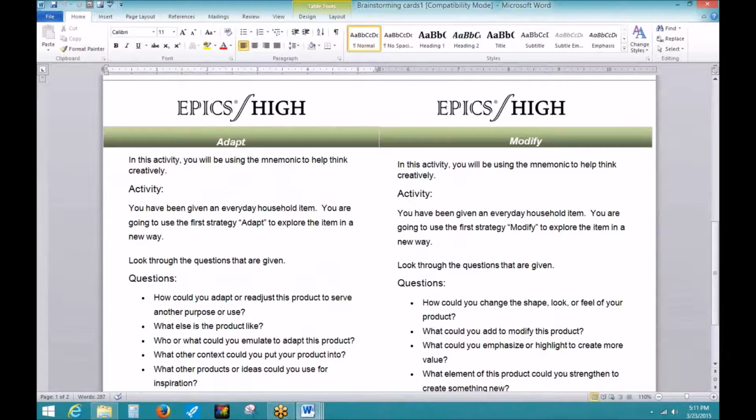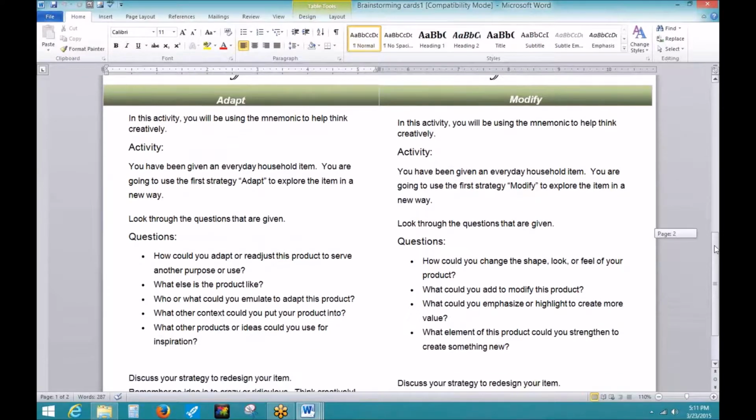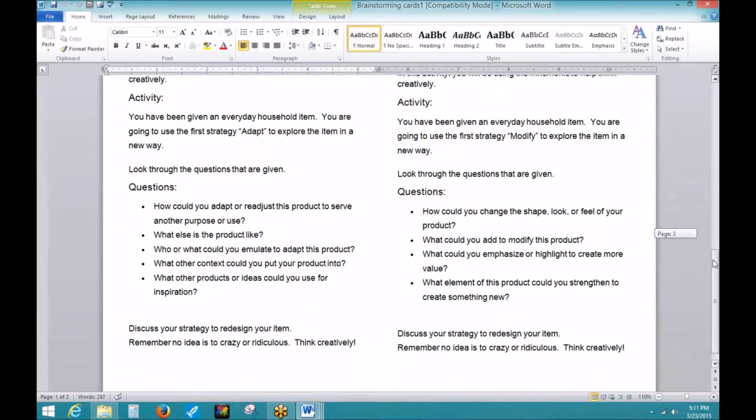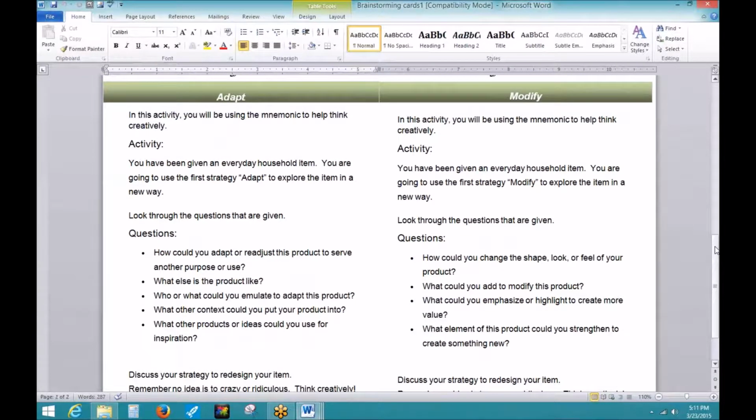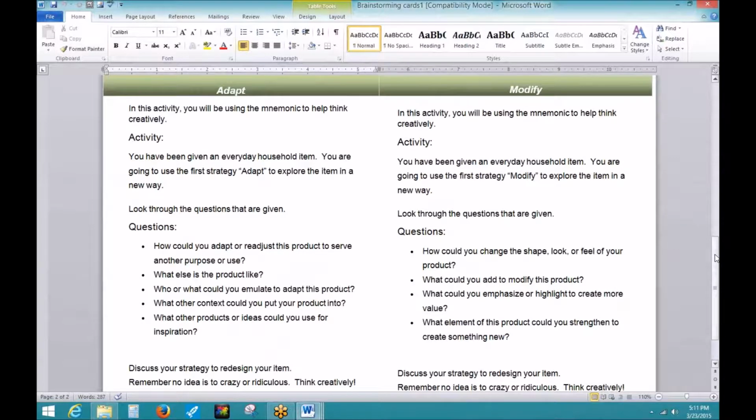How could this be adapted in a different way so that it could be used by your stakeholders or modified? So these are SCAMPER cards that can be printed out and used as an activity. I wanted to make sure that you saw those or used them. I think they're on the web page, and I will check that and make sure that they are, but I'm almost sure they are.